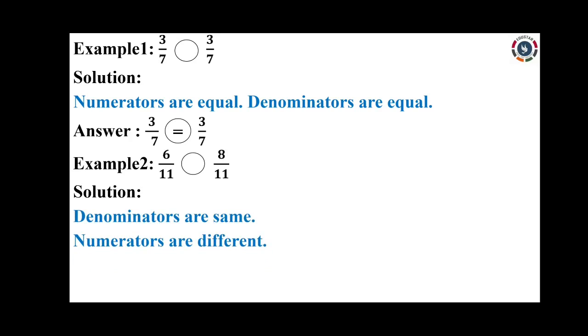Next, let us see the numerators. Numerators are 6 and 8, that are different. So, compare the numerators. 6 is less than 8. So, the answer is 6 by 11 less than 8 by 11.